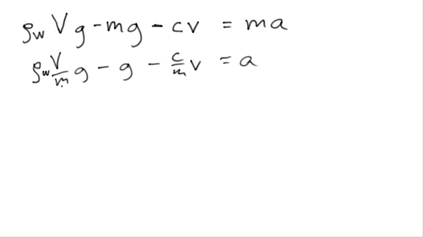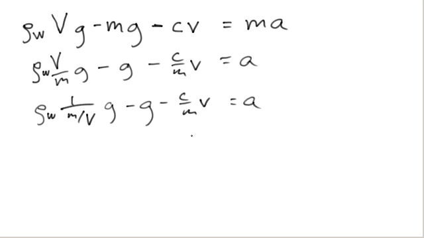M over V is the density. I think I'll divide top and bottom by V there, so it's more obvious what I'm doing here. Is rho W times V, times 1 over m over V. This is the volume of the displaced fluid, but it's also equal to the volume of the ball, because the ball is totally submerged. So times g minus c over m times little v is equal to a.